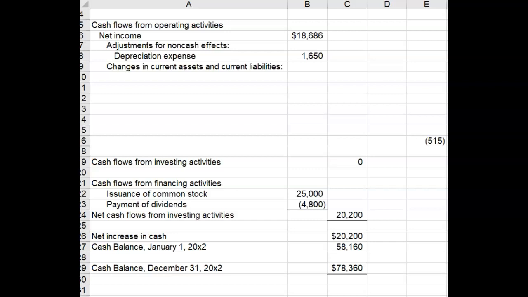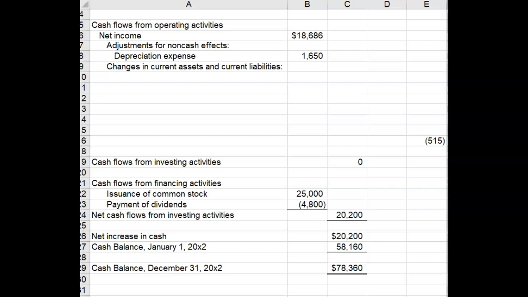Rule number 2. Increases and decreases in current liabilities will have a direct effect on net income. Write that down. Increases and decreases in current liabilities will have a direct effect on net income.